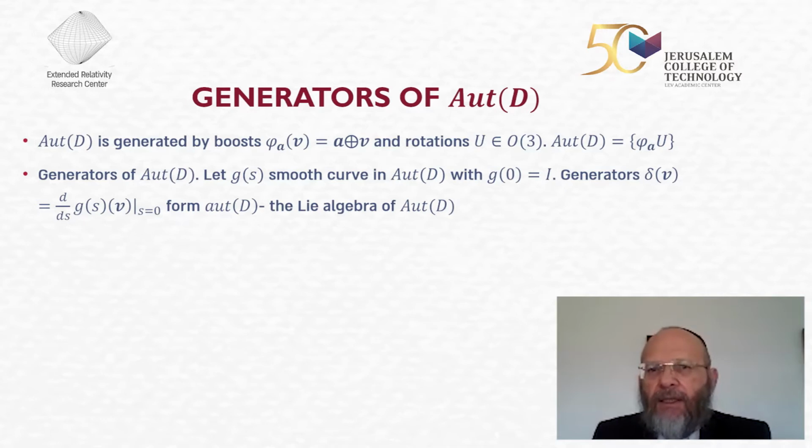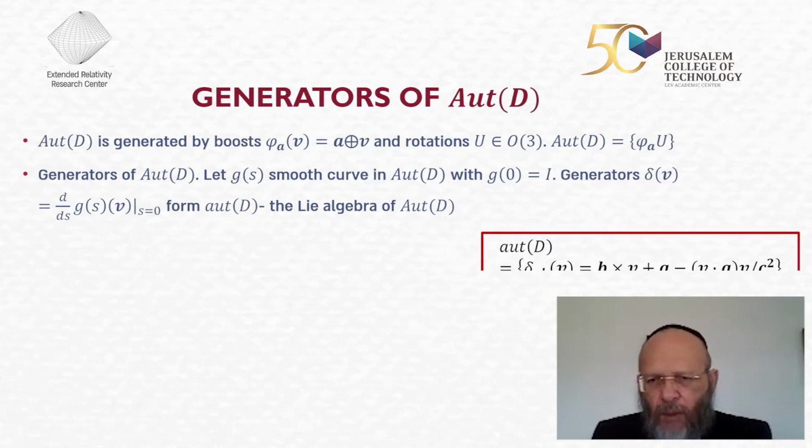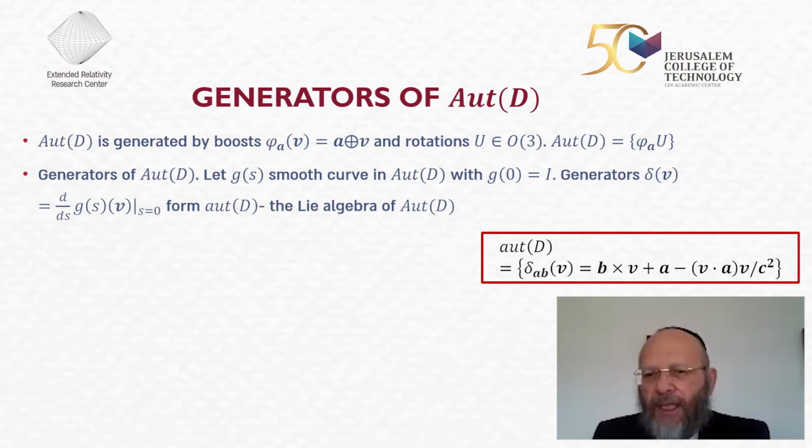And you calculate the derivative of this with respect to S at S equals 0 for any point V. Since you know the explicit formula for phi A, you'll get the Lie algebra, small o of D, of the Lie group capital O of D. In this particular case, it will be of the following form.